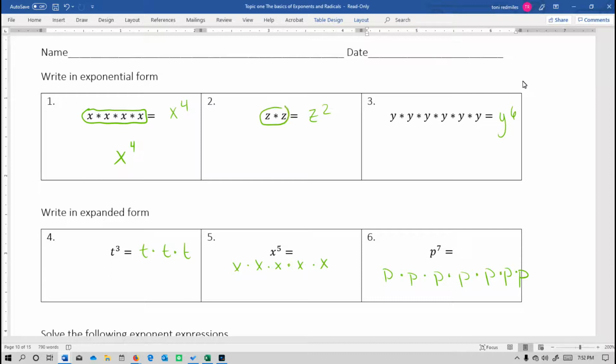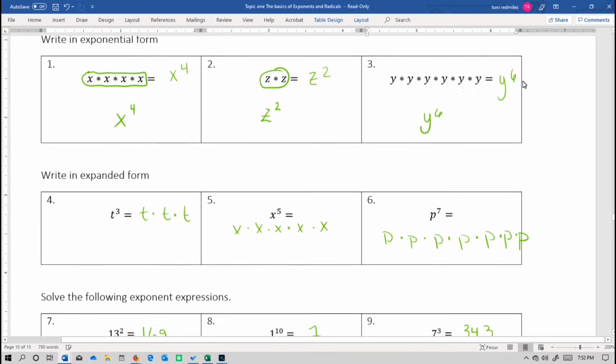Here, what's being multiplied together is z, and the exponent is 2. This is just a quicker way of doing multiplication, so you see we're writing it quicker. In this one, what's being multiplied is y, and it's being multiplied 1, 2, 3, 4, 5, 6 times. So y to the 6th.